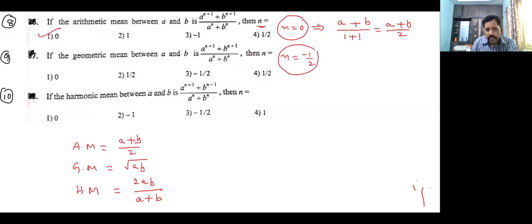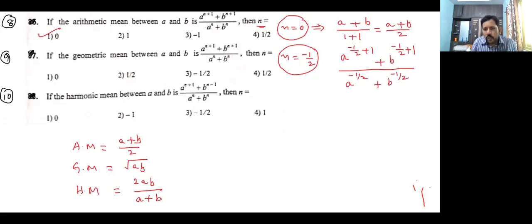See, verify that a power minus 1 by 2 plus 1 plus b power minus 1 by 2 plus 1 divided by a power minus 1 by 2 plus b power minus 1 by 2.